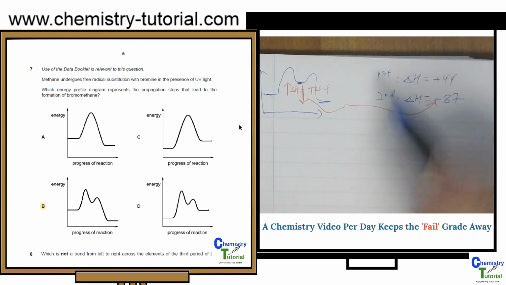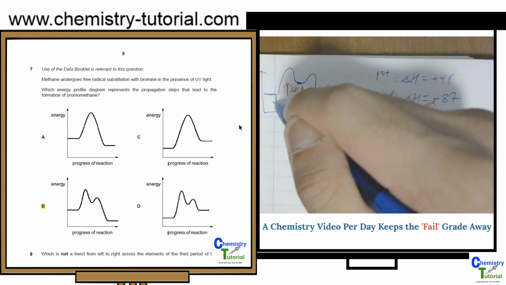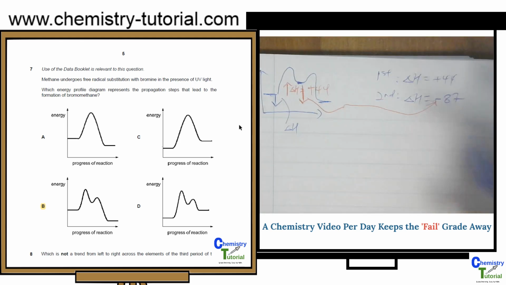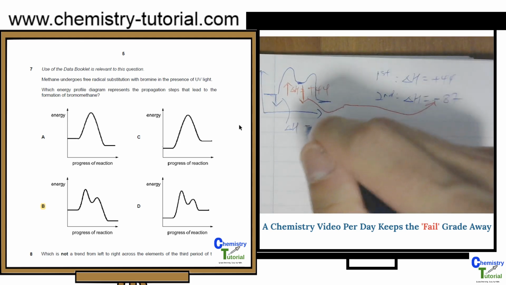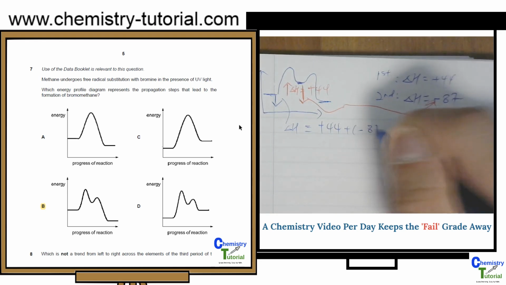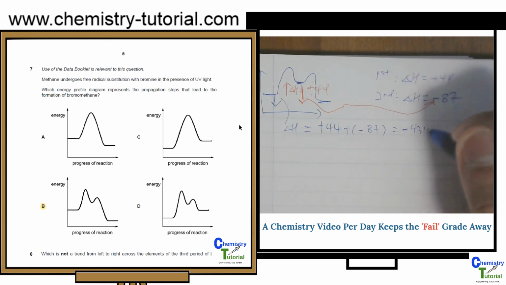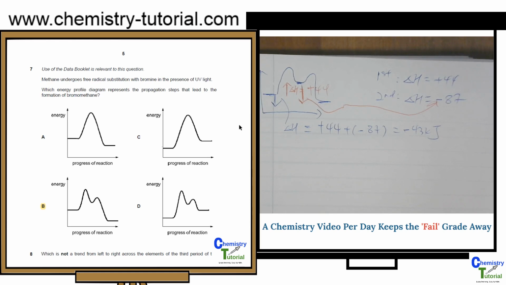So you find the difference between 87 and 44, you are able to get the overall enthalpy, which is simply positive 44 plus negative 87, which gives us the enthalpy of this particular step, which is minus 43 kilojoules. Hence, the answer for this question is just option B.